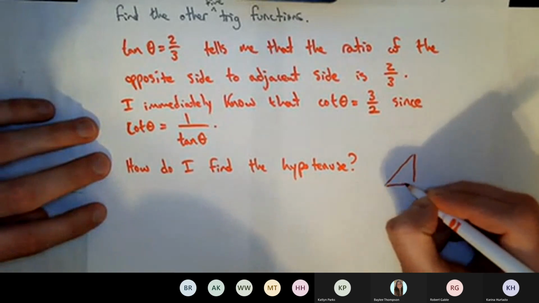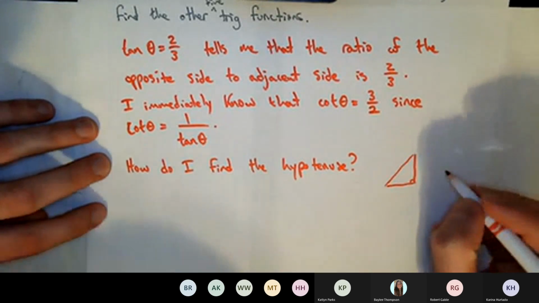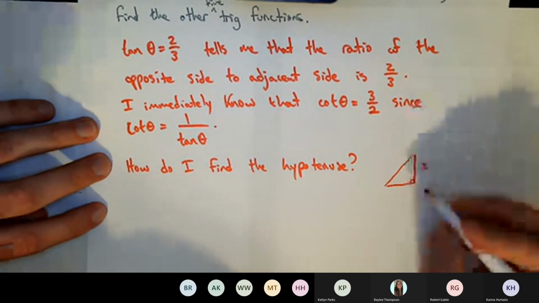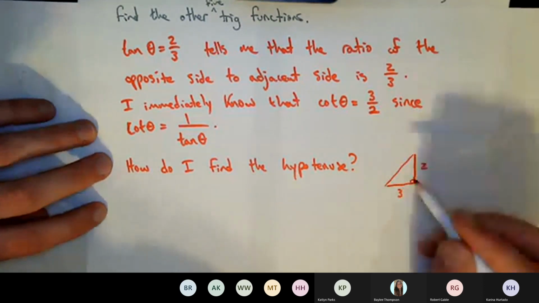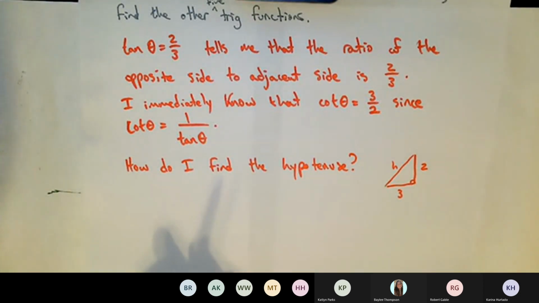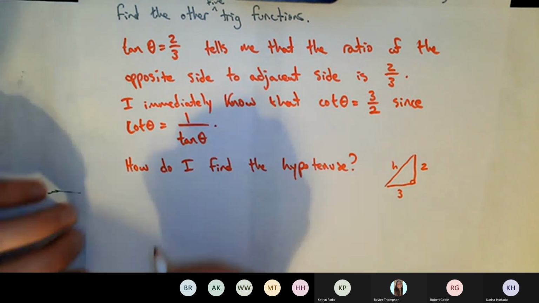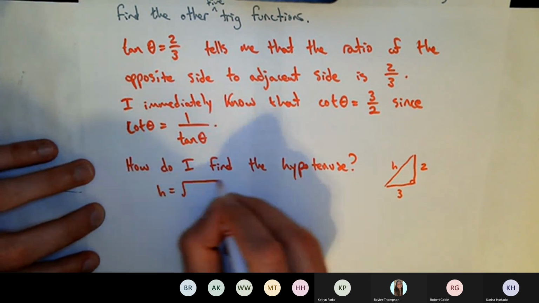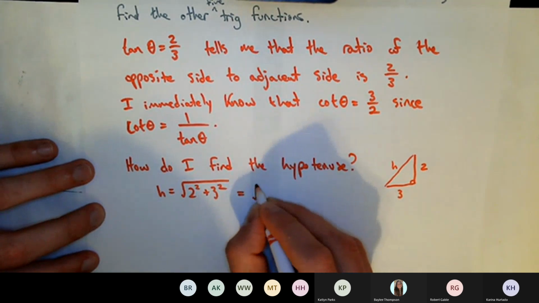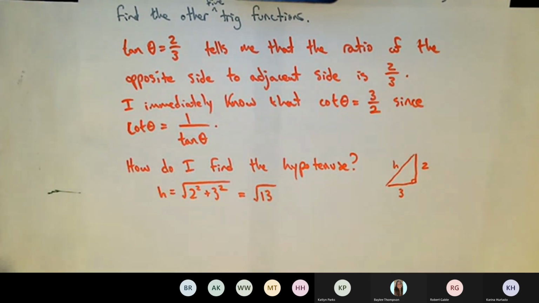If I give you the two legs of the triangle, the opposite side and the adjacent side, or at least the ratio of opposite to adjacent, then you can find the hypotenuse just by the Pythagorean theorem. So I'll quickly move through that. h is equal to the square root of 2 squared plus 3 squared, which is the square root of 13. 4 plus 9 is 13 under the square root. Cool. Now I've got it.